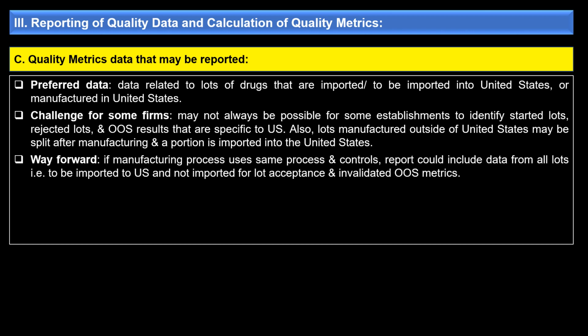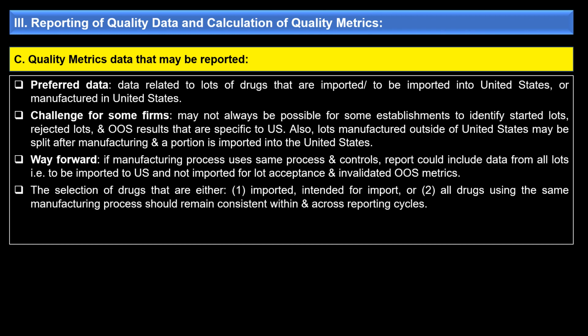So as a way forward, if a manufacturing process uses the same process and controls, a report could include data from all lots, that is imported to the US and not imported to the US, specifically for lot acceptance rate and invalidated OOS metrics, that is for the manufacturing performance and laboratory performance.